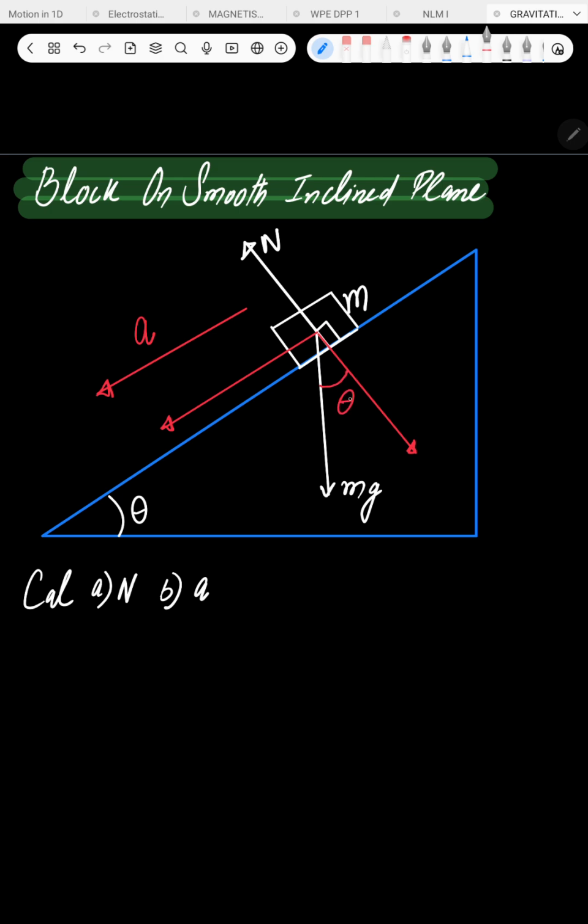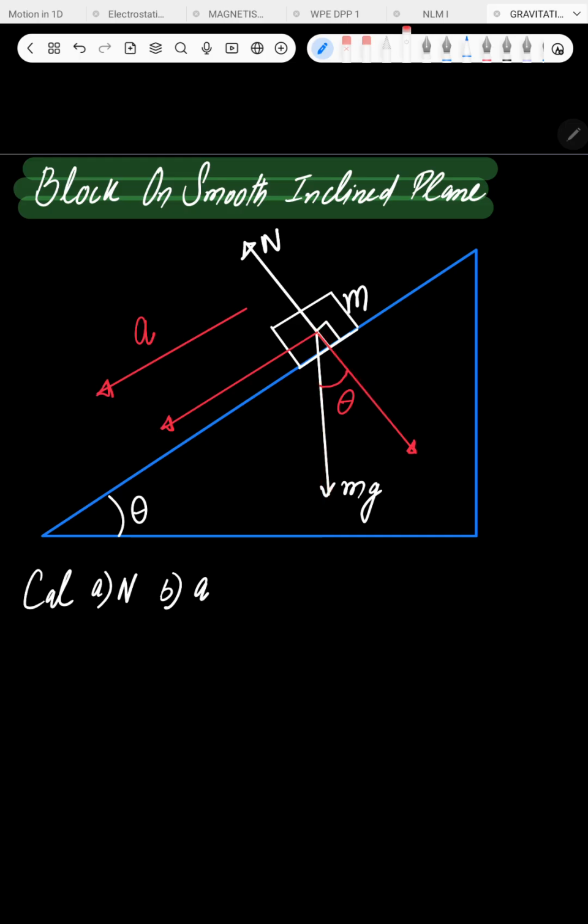The reason is that the angle between two lines is always equal to the angle between their perpendiculars. See that this is one line and this is another line, and theta is the angle between them. This line is perpendicular to this line, and this normal direction is perpendicular to this line.